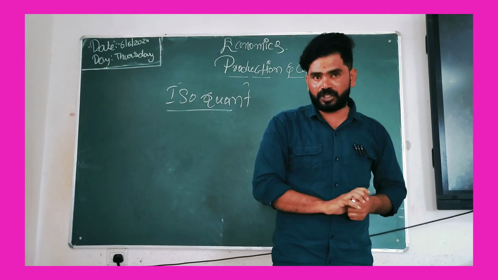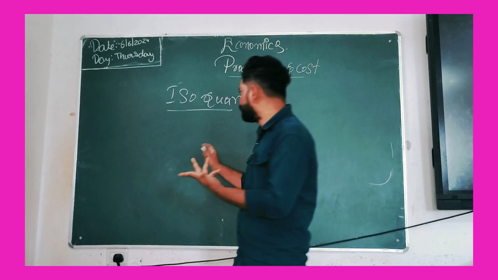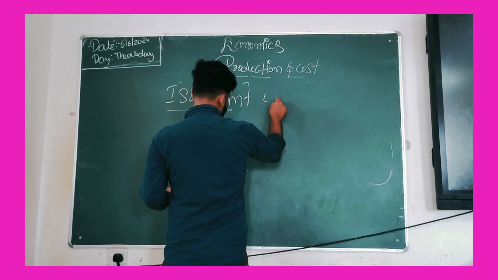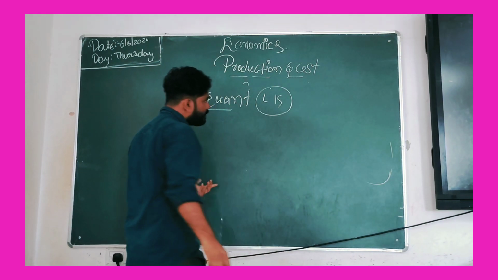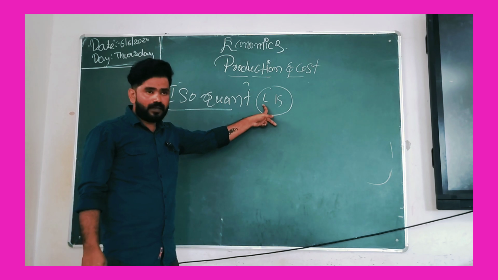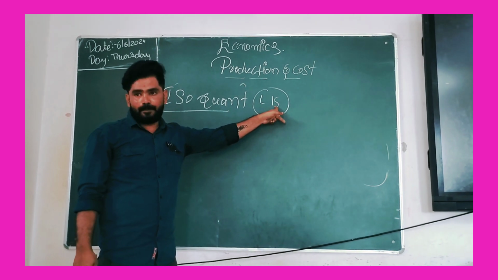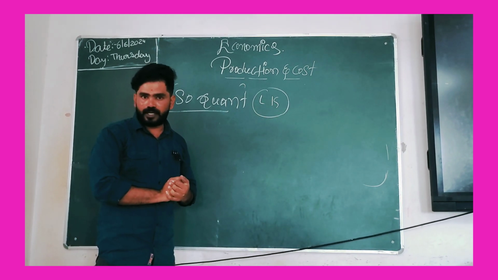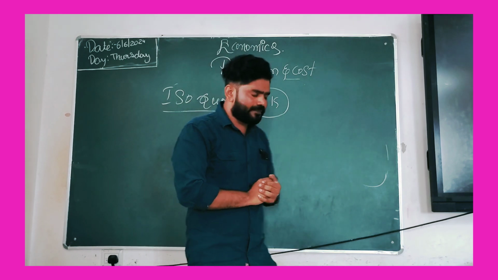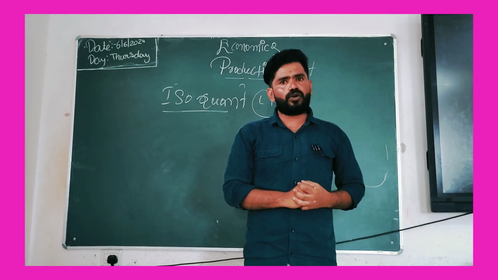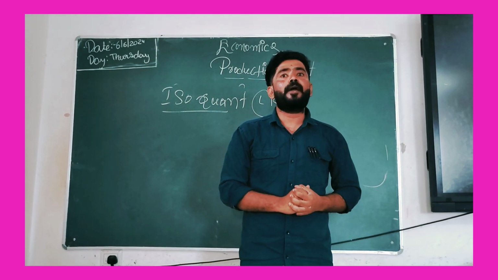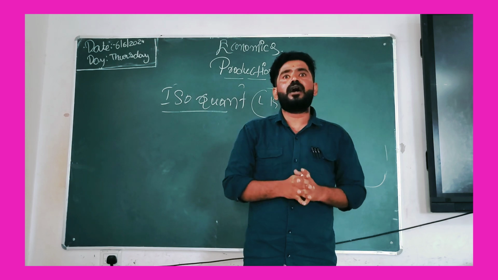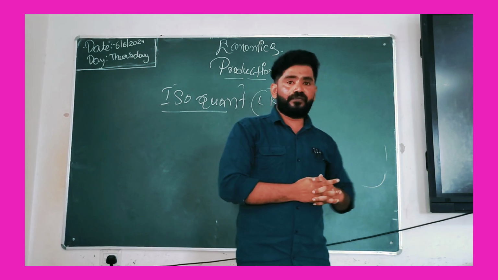What are the two inputs? L and K: L means labor, K means capital. And this isoquant refers to production carried out in the firm.